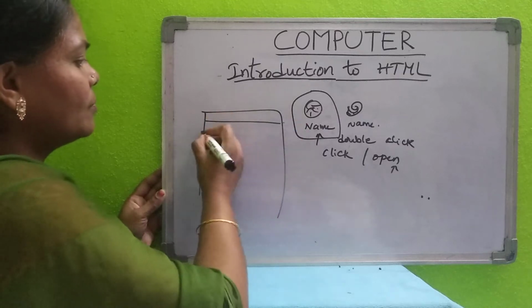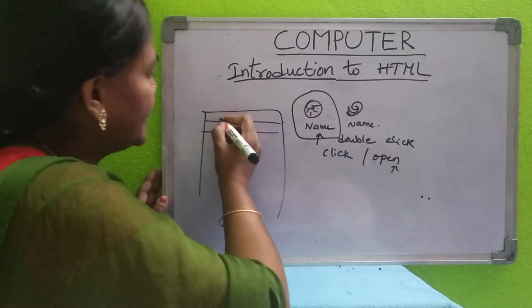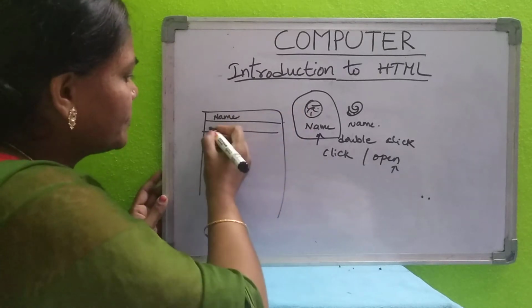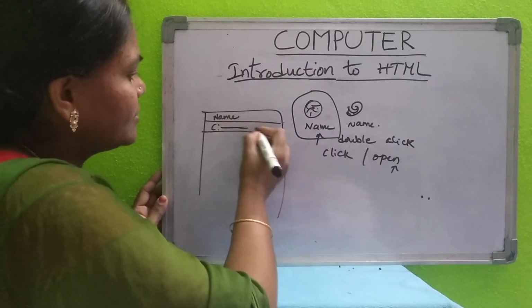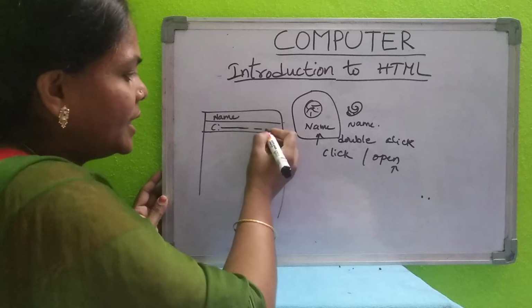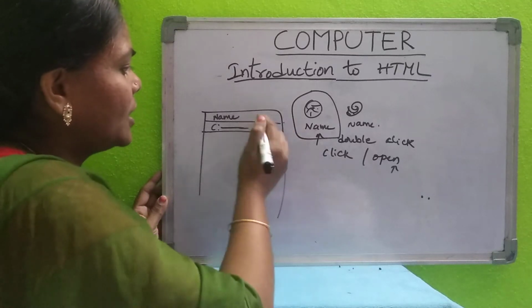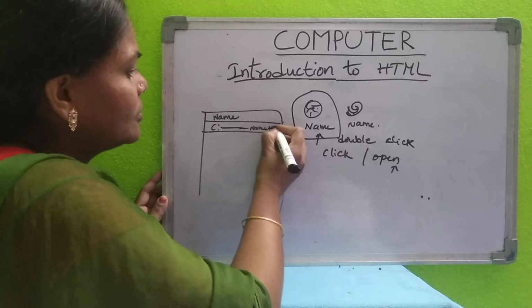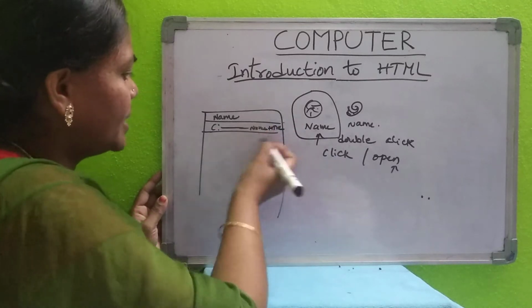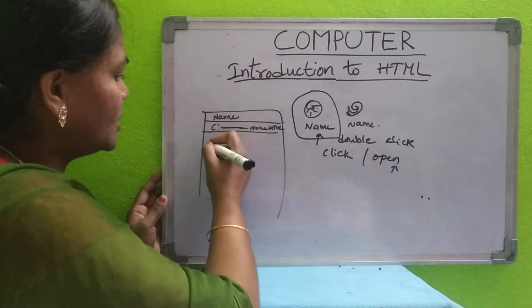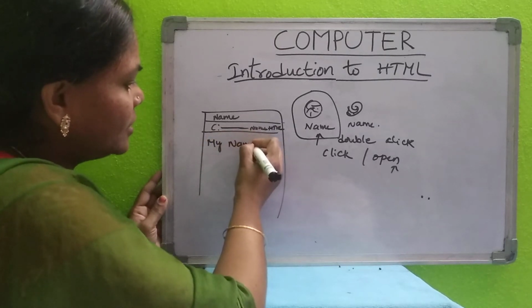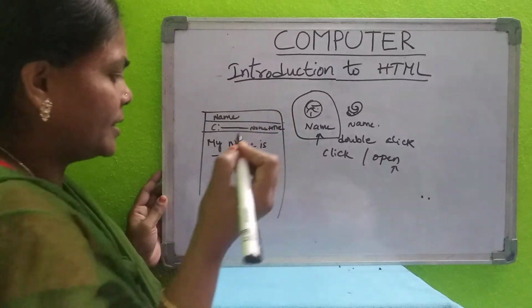Whatever you give in the title tag is displayed on the title bar, and the address where you have saved it with the file name .html. Here I gave the name .html, so with that extension it will be displayed there, and what we have written in the body tag is displayed on the web page like this.